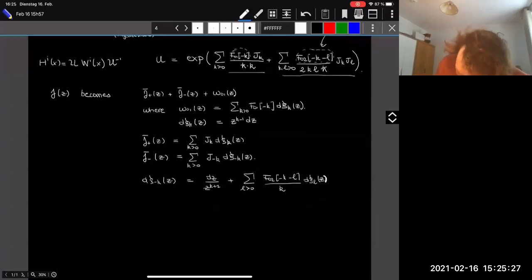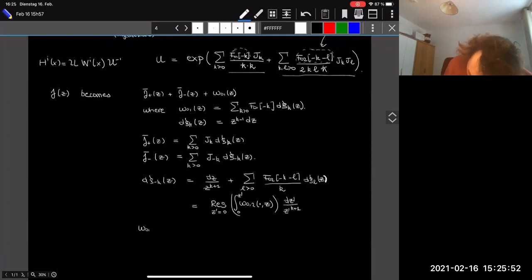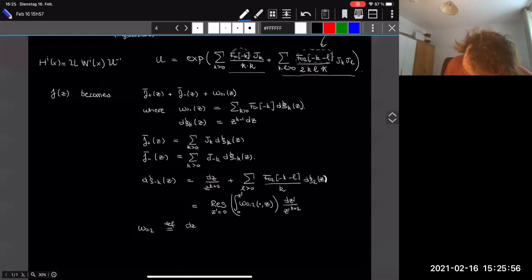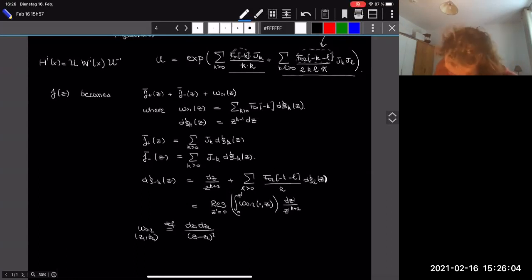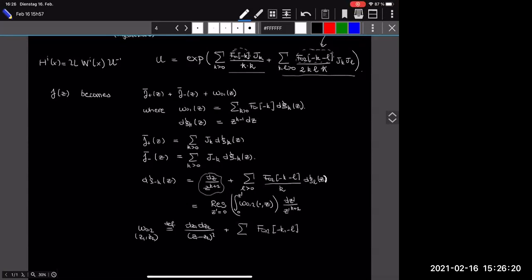Okay. And this, if I want, I can rewrite as the residue when z prime goes to 0 of the primitive of some omega_{0,2} times dz prime over z prime^(k+1). And omega_{0,2}, I define it to be the double pole term, because if I just have this term, when I compute the residue, I get exactly, by Cauchy residue formula, exactly this term, plus the sum of the F_{0,2}.